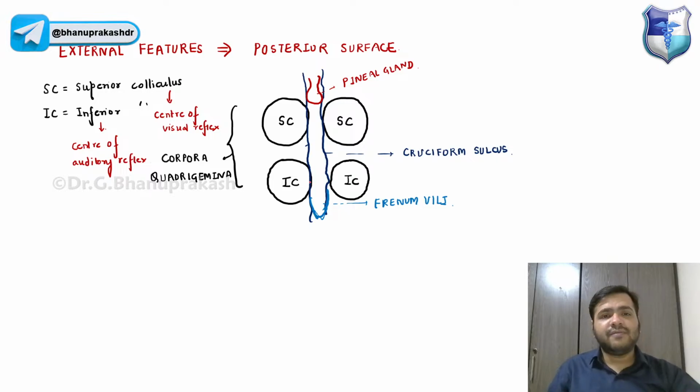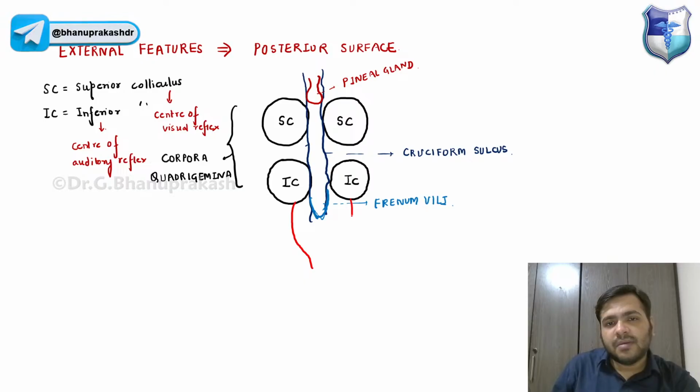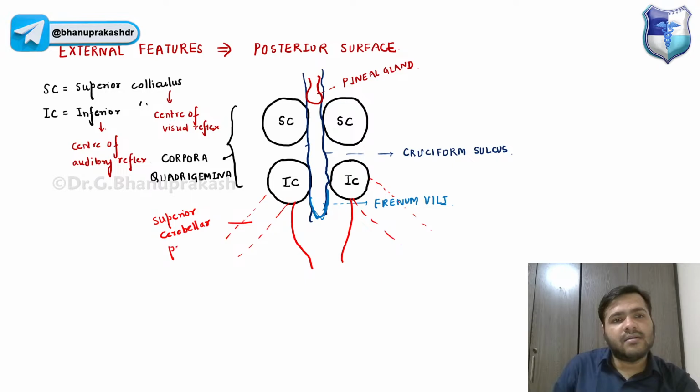Now this frenulum veli is basically present on a membrane over here, the membrane that stretches between the two cerebellar peduncles. We have these cerebellar peduncles over here, the superior cerebellar peduncles.